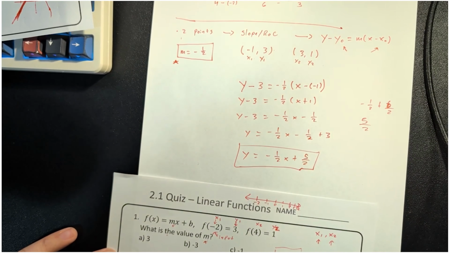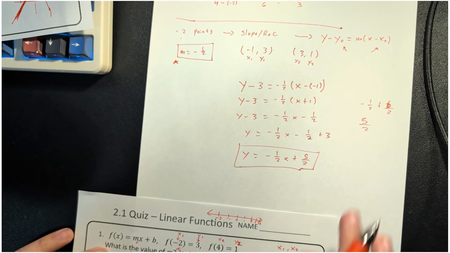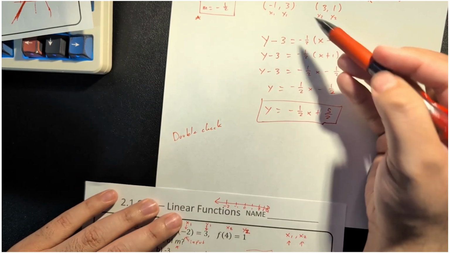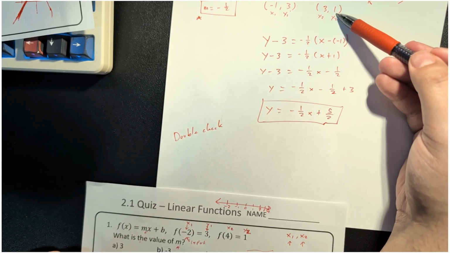Okay? So that's what I claim my answer is. How do I double check this? So, double check. If I use this one, I want to double check by plugging in the x value of my second point into this, and I should be getting the same y value.